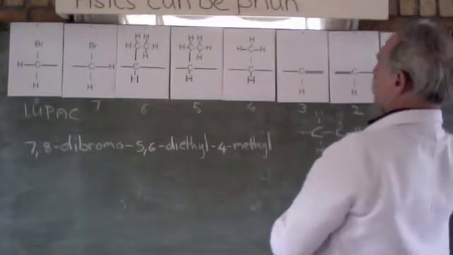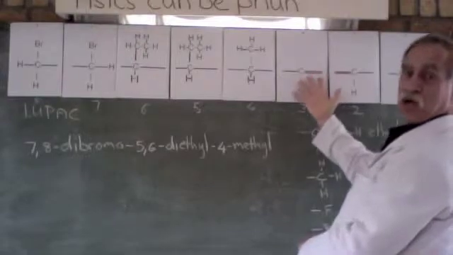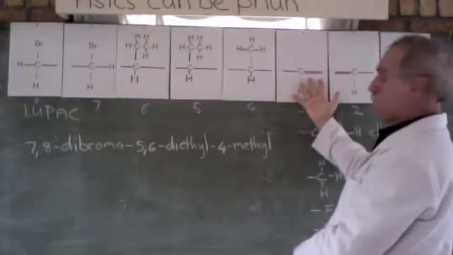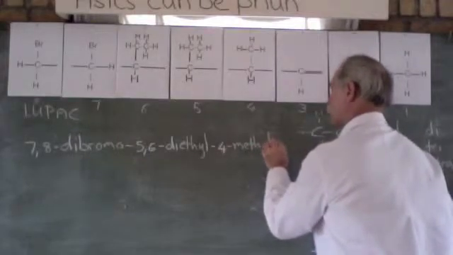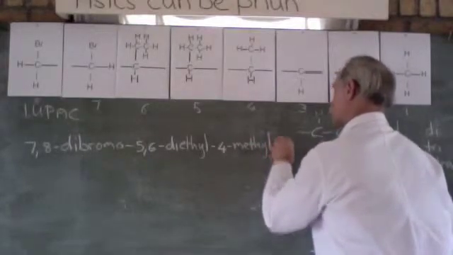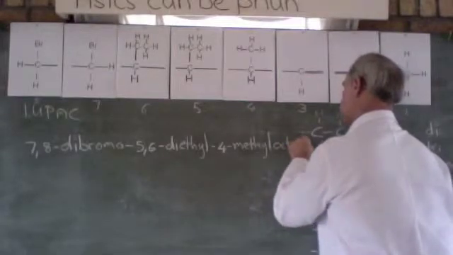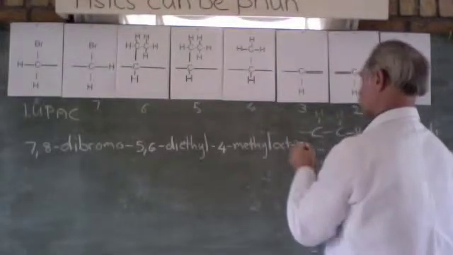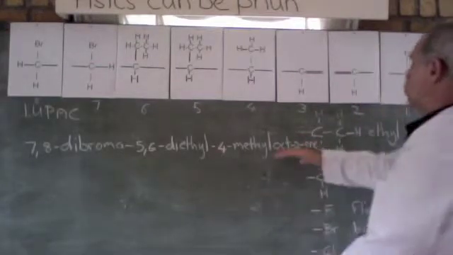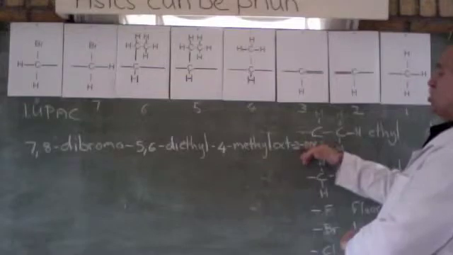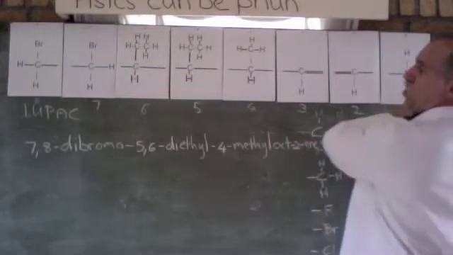And then what is the whole chain? It's oct-2-ene. I'm going to write it, see if I can fit it in here. Oct-2-ene. And here we have described the whole molecule.